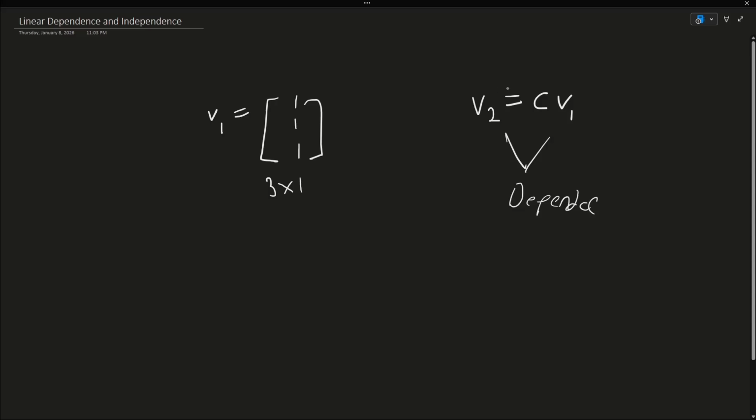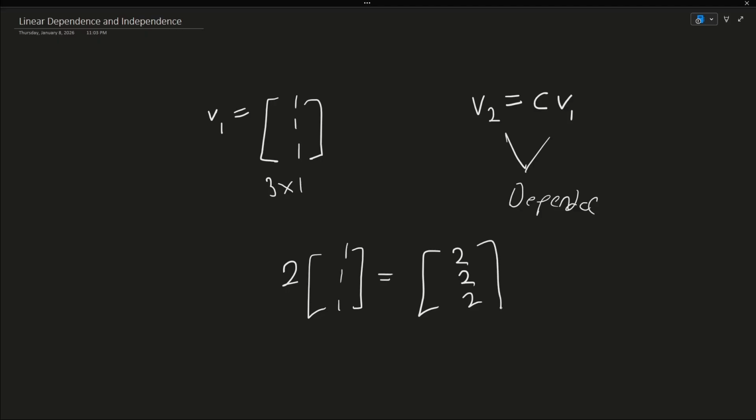So let's give an example of v2 where we would have c times v1 and we could obtain a v2 vector. Since we have a v1 here, if I multiply this v1 vector by 2 and get this new vector 2 2 2, this 3 by 1 vector is actually linearly dependent on v1.